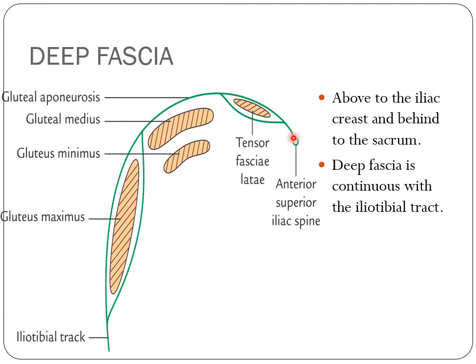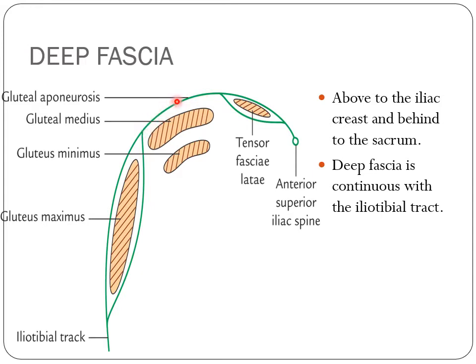What are the characteristic features of this deep fascia? It covers two muscles. Here there is the tensor fascia lata; it splits and covers both the superficial and deep laminae of the deep fascia. In between the tensor fascia lata and gluteus maximus, deep to the gluteus medius and minimus, is the thickest part of this deep fascia. This area is given the name gluteal aponeurosis.